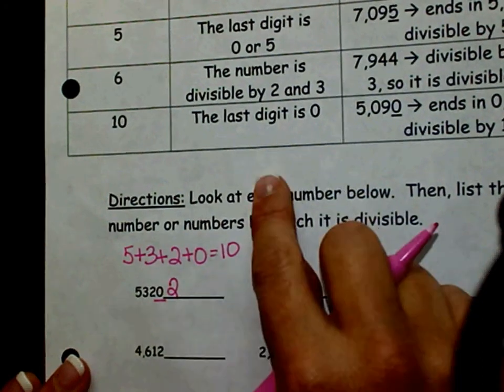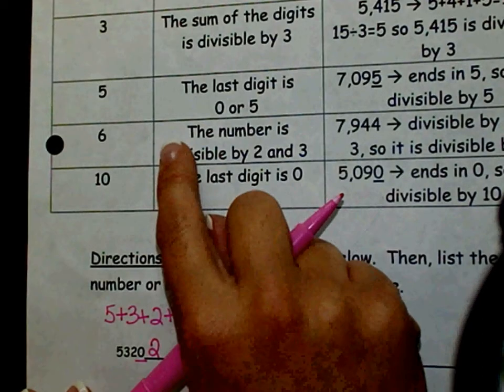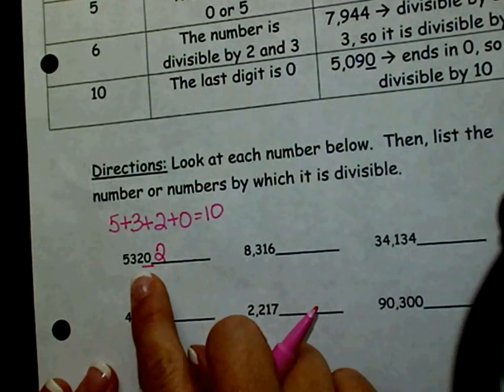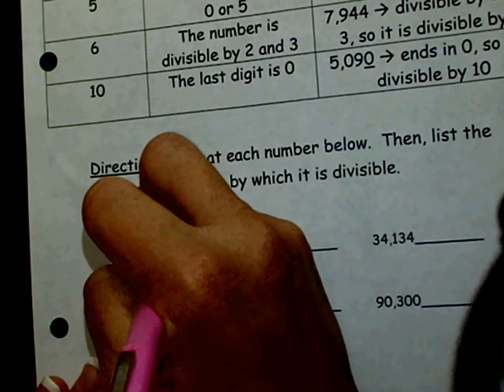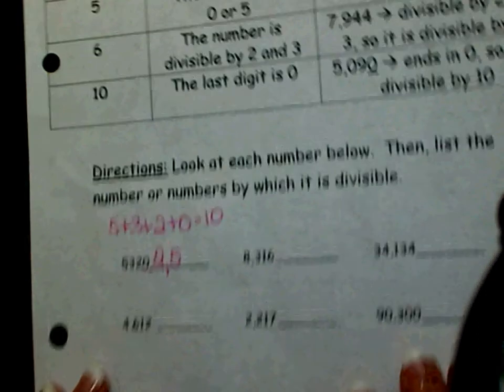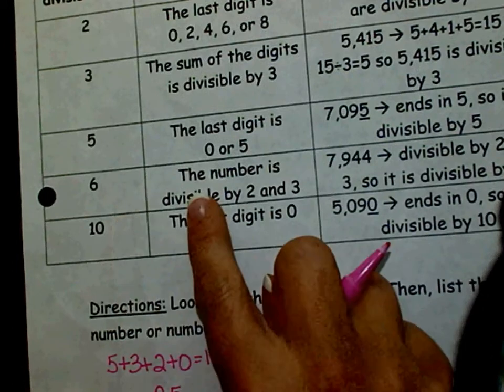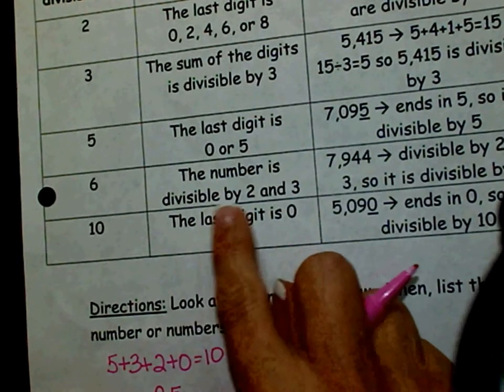Let's check the rule for 5. 5 says the last digit has to be a 0 or a 5. Well, our example, 5,320, the last digit is a 0, so it's divisible by 5. Let's read the rule for 6. The number has to be divisible by 2 and 3.